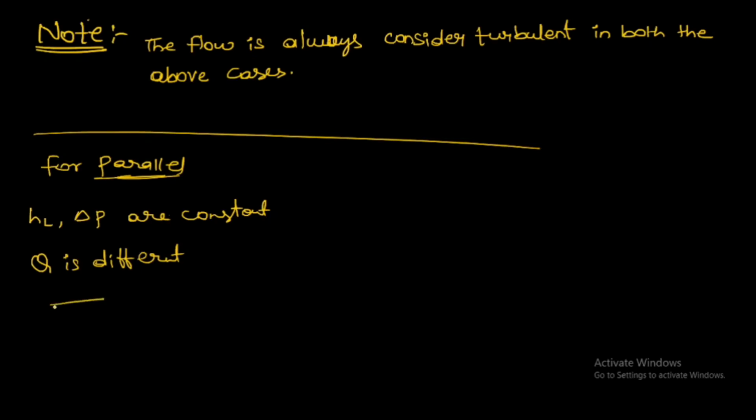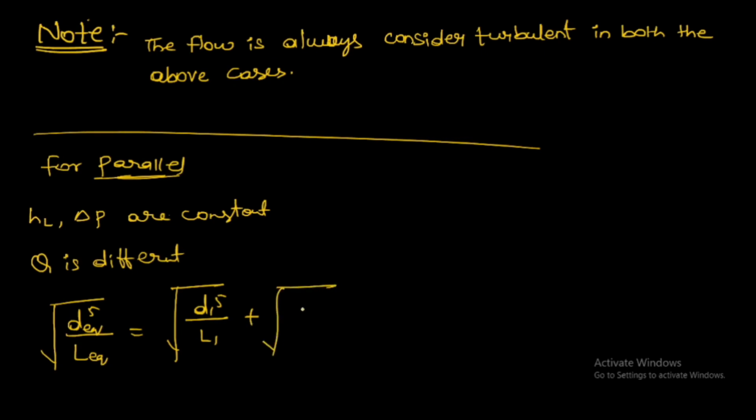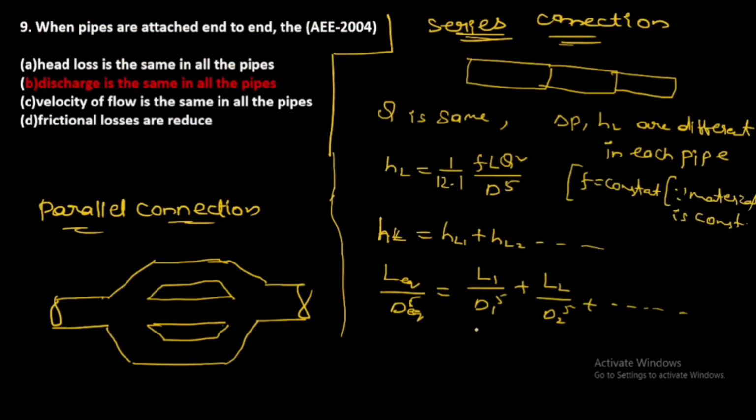The expression we will use is D equivalent power of 5 by L equivalent is equal to under root D1 power of 5 by L1 plus under root D2 power of 5 by L2 plus so on. So remember this expression. This expression may be asked directly in a question. So remember the expression and conditions, and in series also remember the expression and condition I have discussed here.